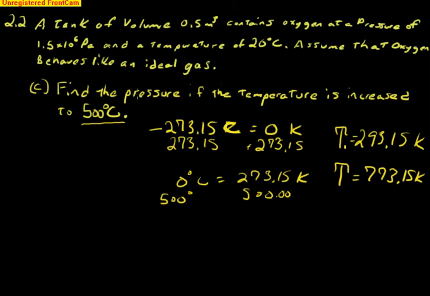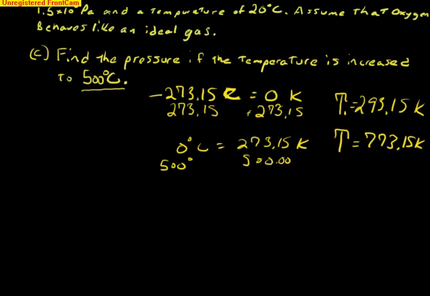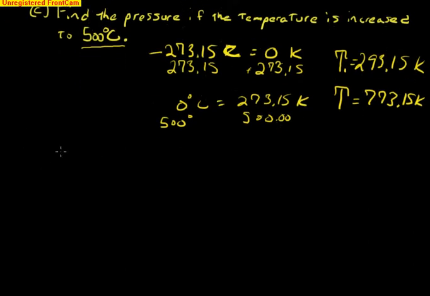And we want to know the pressure though. So since this is an ideal gas, we know PV equals nRT. Well, this is true for our first setup. We have a certain pressure and a certain volume at a certain temperature equal to this constant.